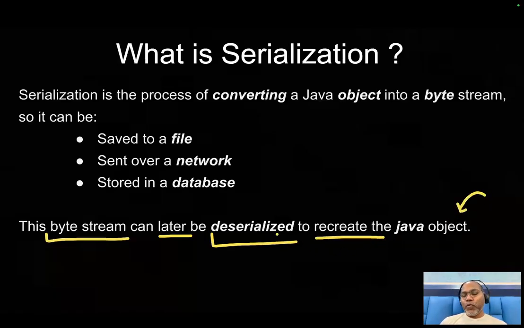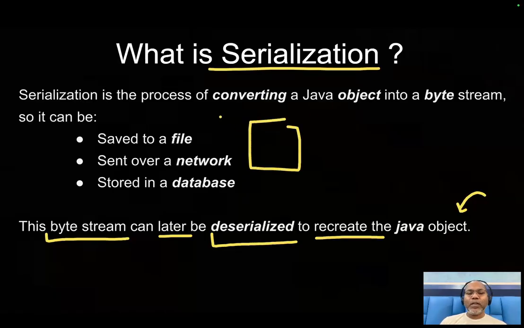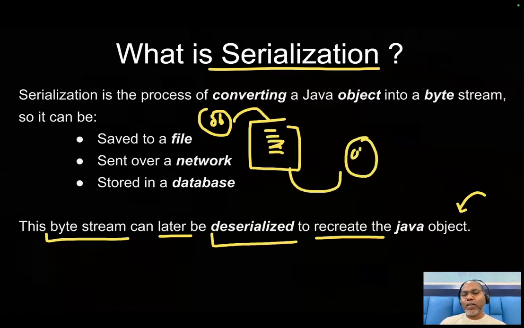So the whole purpose of serialization is that we can convert my Java object to a specific format, a byte stream, so that later we can convert it back to the Java object. This is the serialization process, and this is the deserialization process.